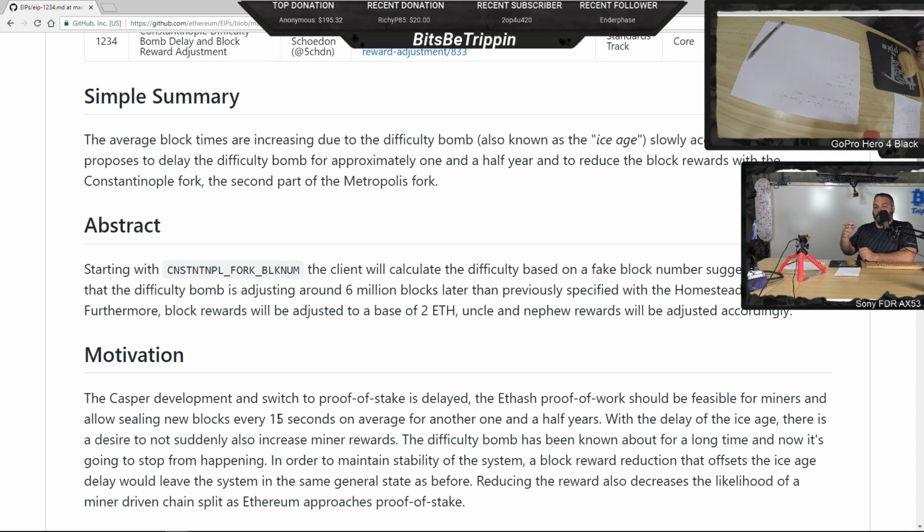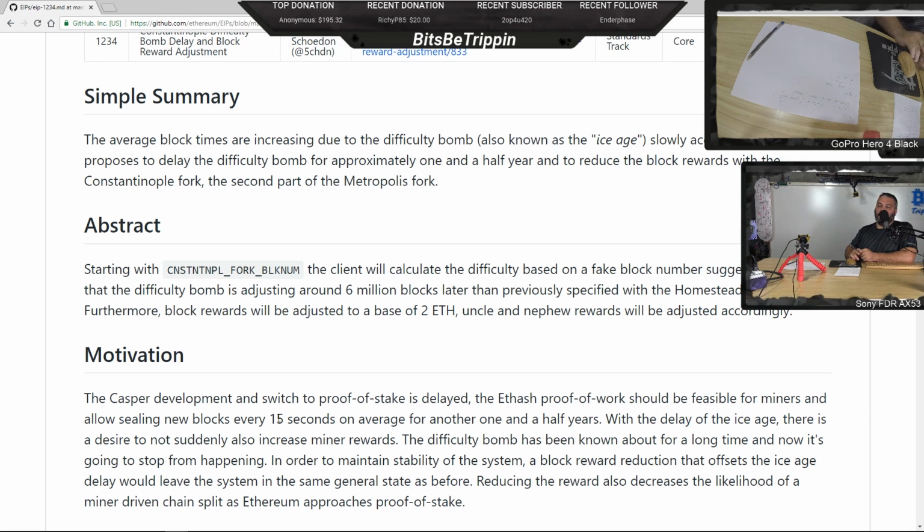So the difficulty bomb was a function that was built into Ethereum to essentially wean off the proof of work activity when proof of stake was ready to go. You did not want to split the chain, so there's a poison pill. The poison pill in Ethereum is the difficulty bomb.